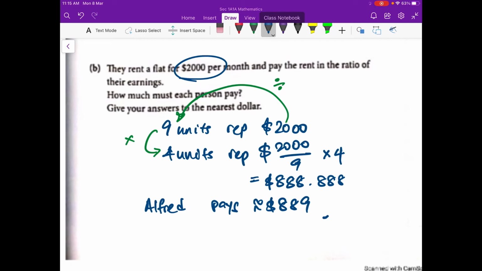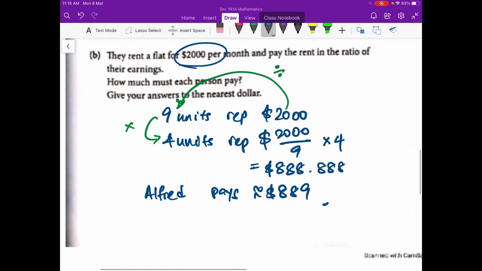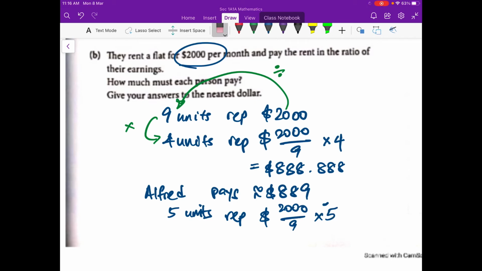So what about the other person, James? He has to pay 2,000 minus this value. You can do that, but I would just want to show you 5 units in the same manner. Same 2000 divided by 9, but you multiply by 5 this time.